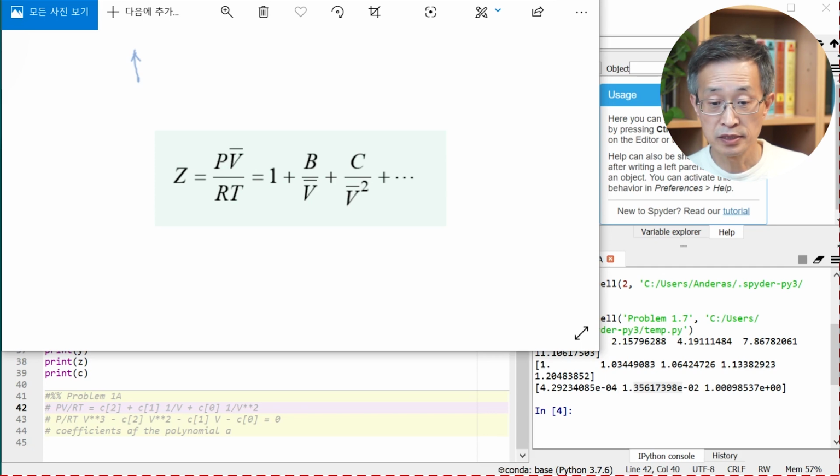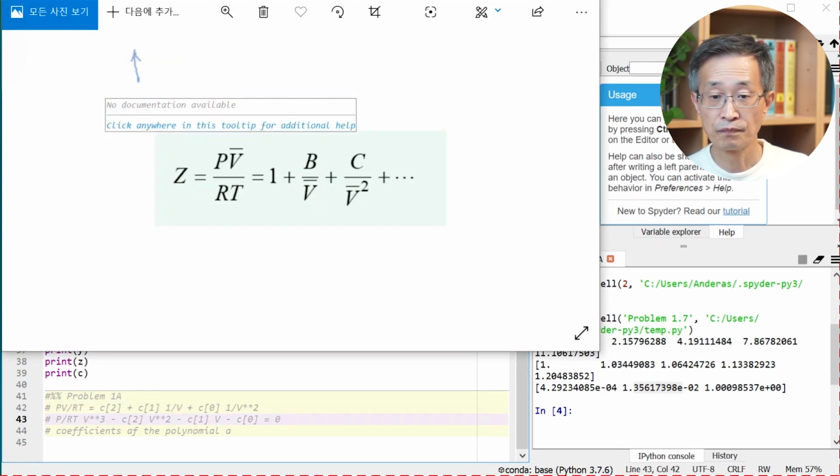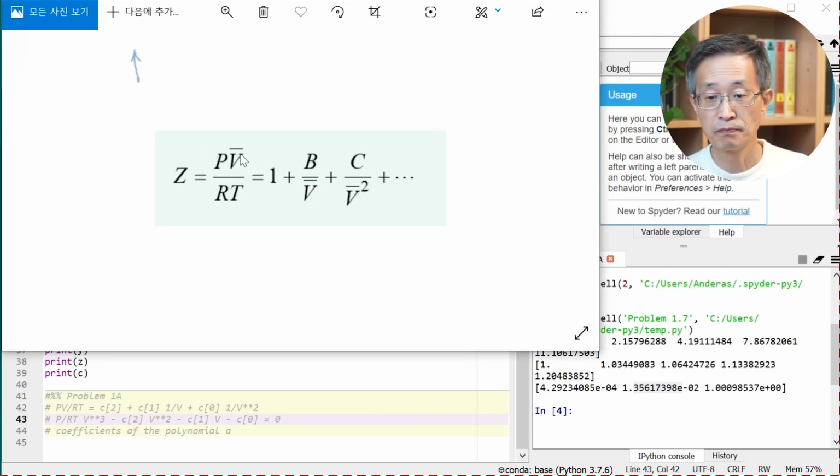So this is the equation we need to solve, given the value of P, and we are going to obtain V bar. But the problem is that if we multiply both sides with V bar square, we are going to end up with V cube. So it's a cubic equation you are going to solve.